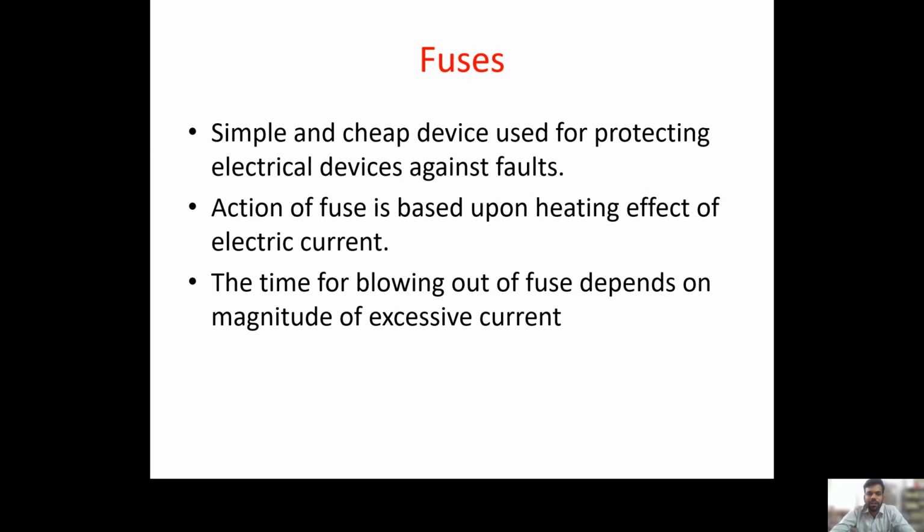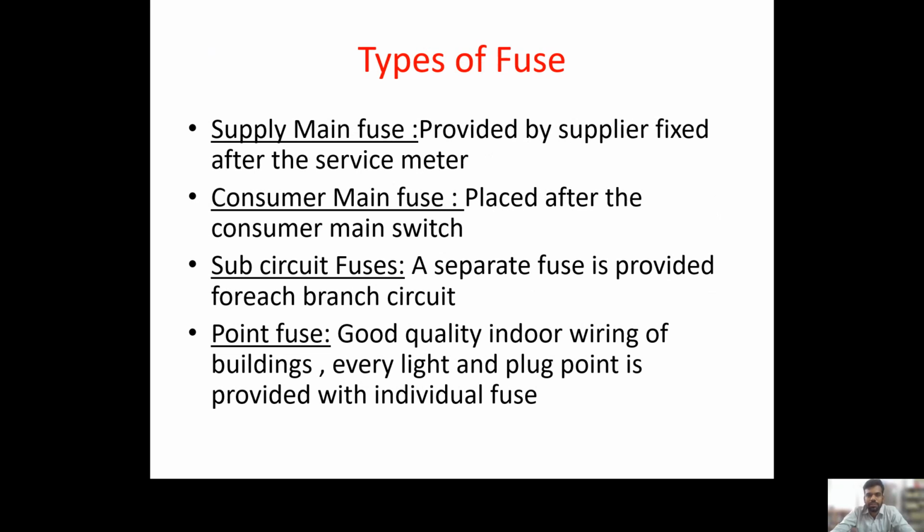Because of this heating effect, the fuse works. The time for blowing out of the fuse depends on the magnitude of the excessive current. If the rated current is exceeded, then automatically the fuse link blows.